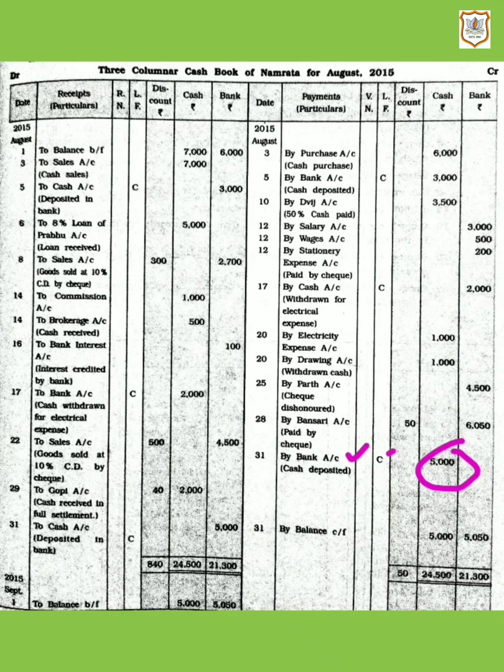Now as this cash is being deposited in the bank, its second effect will be in the bank column on the debit side of the cash book. So here we will record 5,000, and we will write in the particulars column To cash account. And again, as it is a contra transaction, we will have to mention C in the LF column.